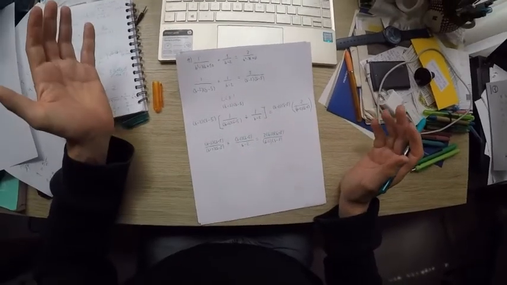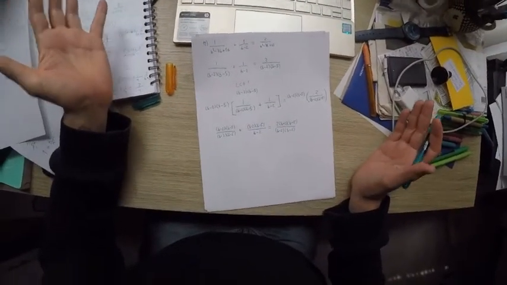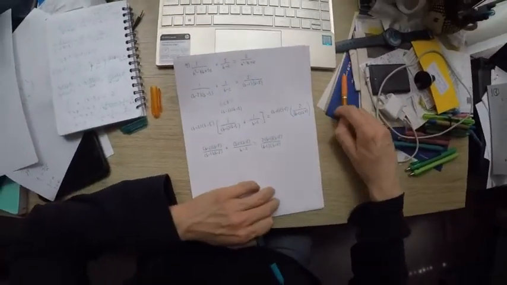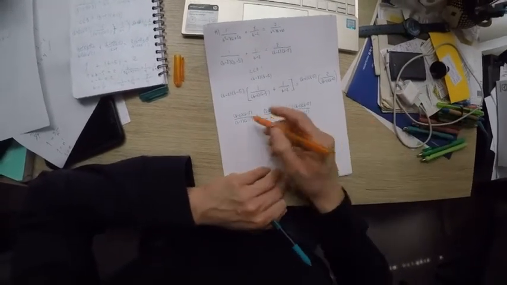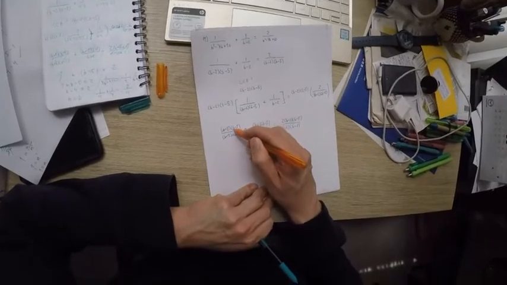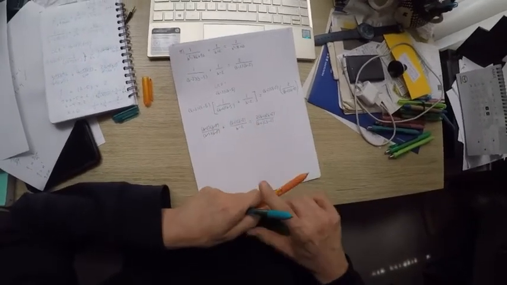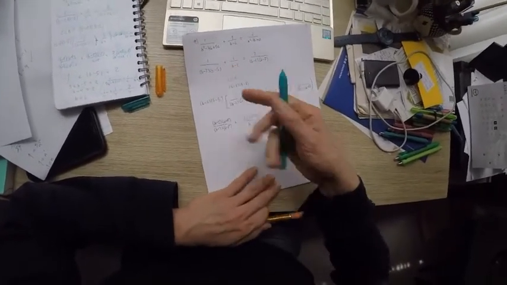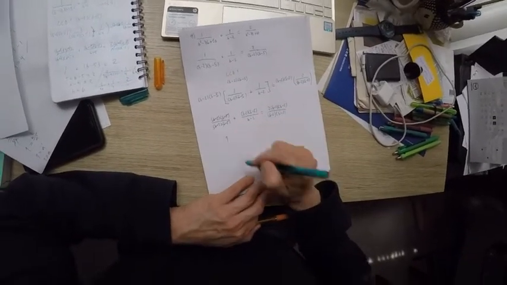Okay, that may look complicated, but it's not, because everything is going to cancel out. This b minus 2 cancels out with this b minus 2, and this b minus 5 cancels out this b minus 5. So when we have exactly the same thing on top and bottom, that's just a 1.